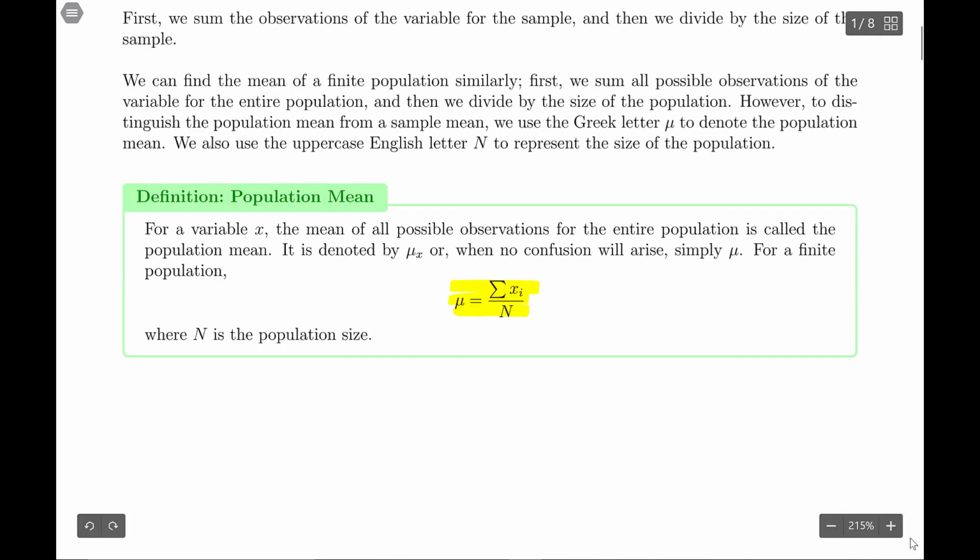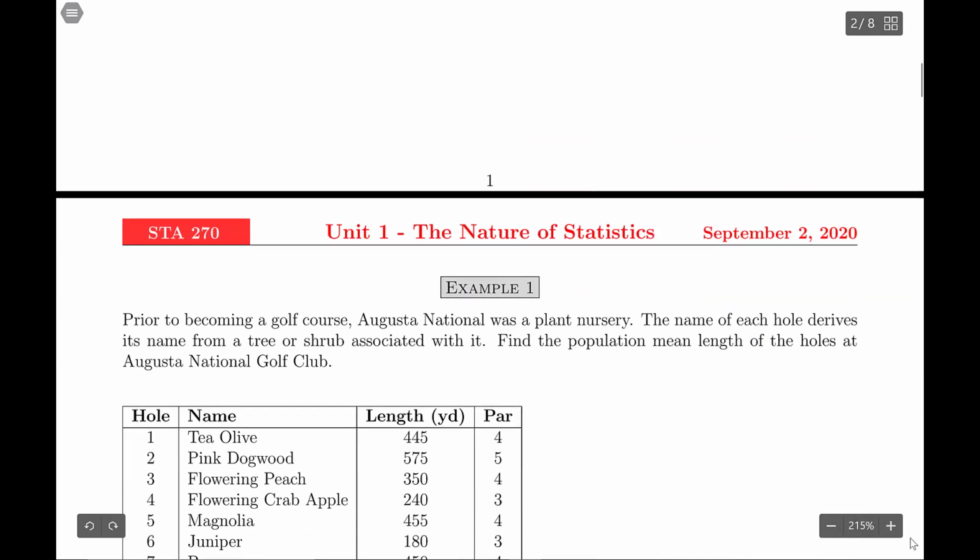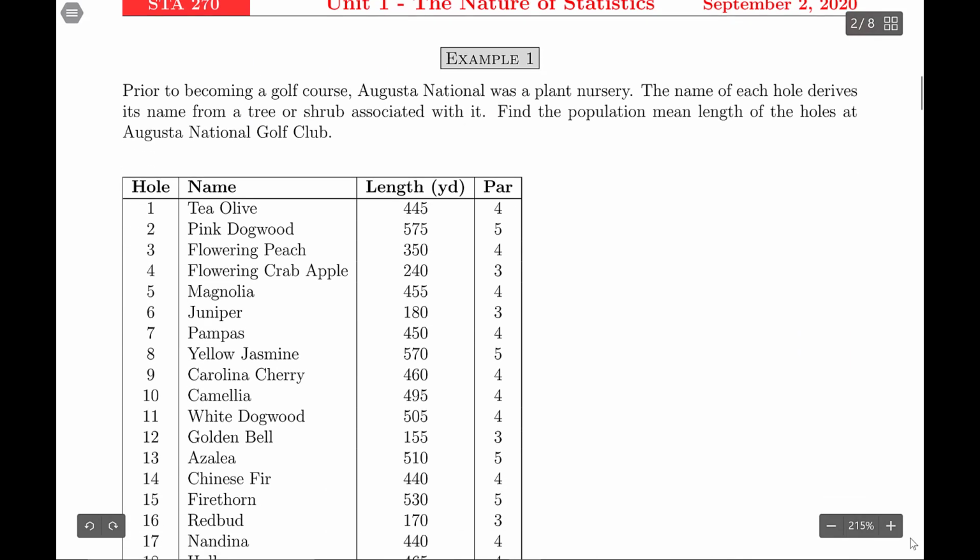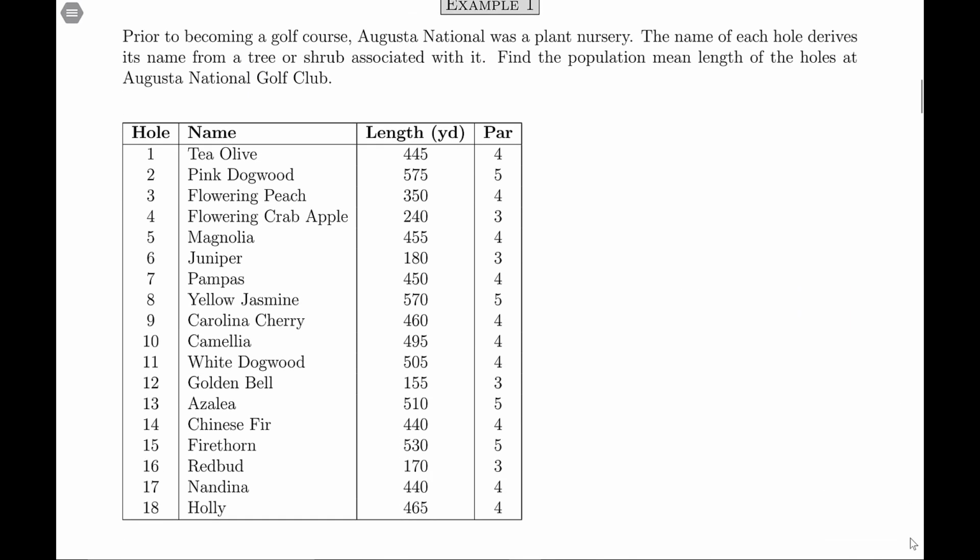So the first example that we have is the Augusta National Golf Course. The name of each hole derives its name from a shrub or a tree that's associated with it. What we're interested in, though, is finding the population mean length of the holes at Augusta National. Since we're listing all 18 holes on that course, this is a population set.